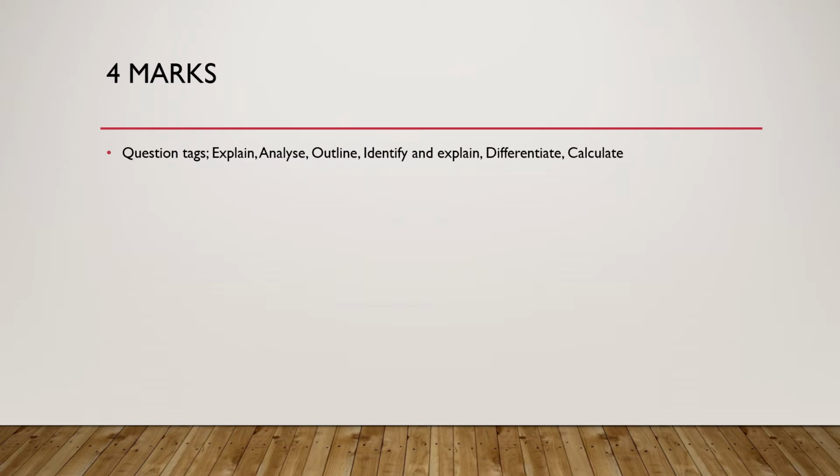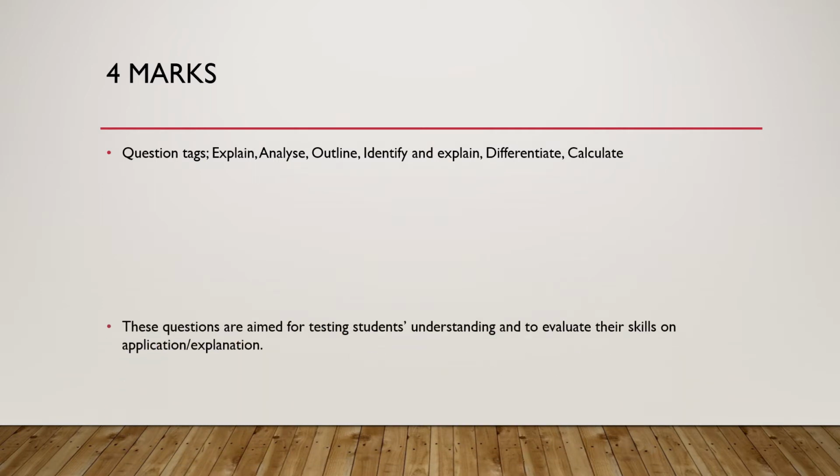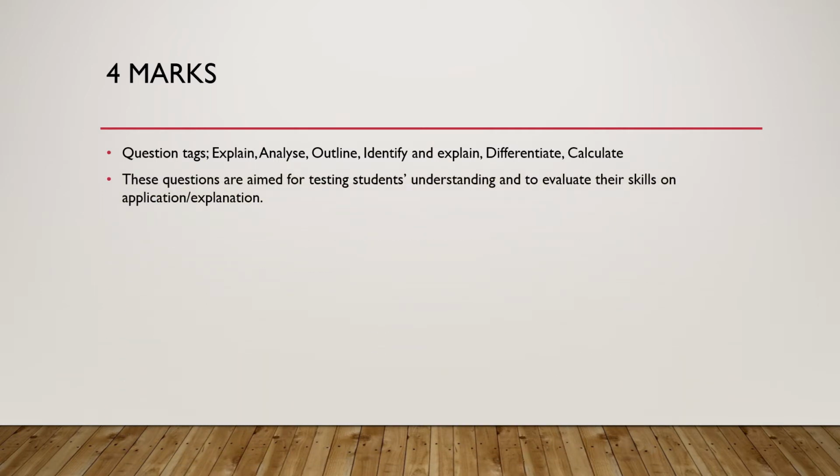What the examiner is expecting from you is this: the examiners are testing your understanding and evaluating your skills on application or explanation. So you must explain well for these types of questions.